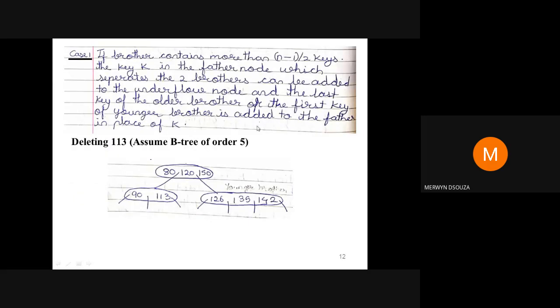Now let's look at how to apply this case. Suppose you have been told to delete 113. The first step in deletion is to calculate the minimum number of keys, by using the order, if you have not calculated it before.